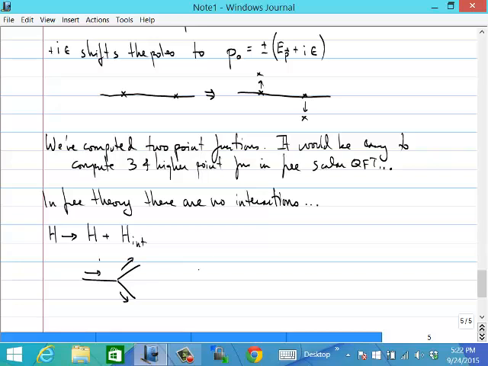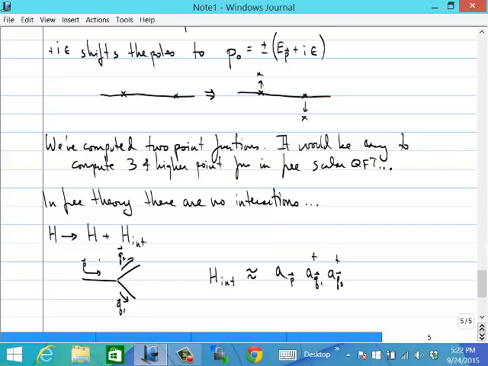Well, it would be some interaction term where you have some kind of, say, A_p to remove a particle with momentum p, and then an A dagger q1 and A dagger q2, if you wanted to add particles with momenta q1 and q2.